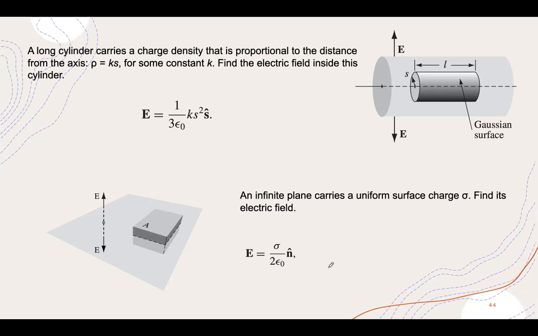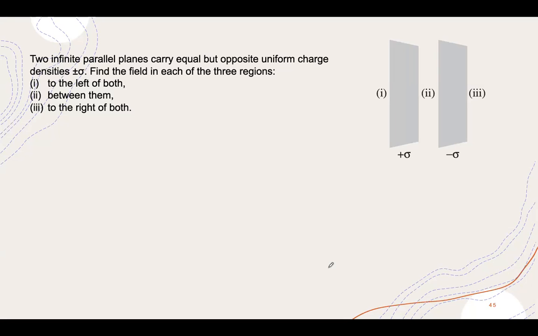Then another problem, also a kind of homework I wanted to give you: two infinite parallel planes carry equal but opposite uniform charge densities plus and minus sigma, like this. These are two planes, but this plane has a plus sigma and this plane has a minus sigma charge density.